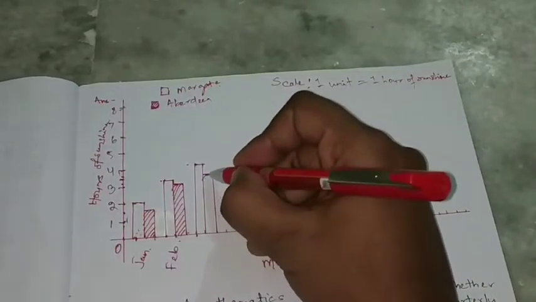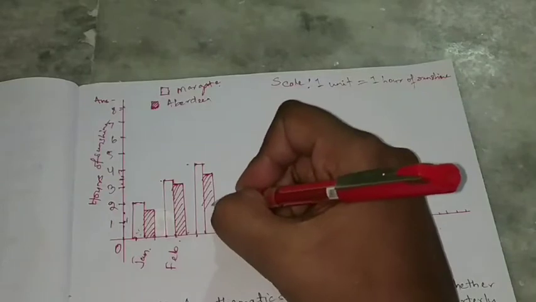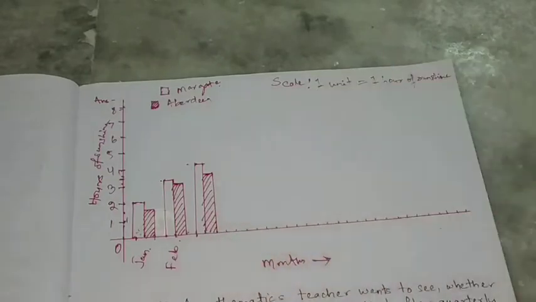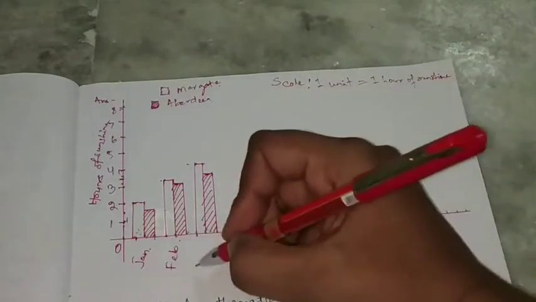And mark for Aberdeen. Okay, this is March.